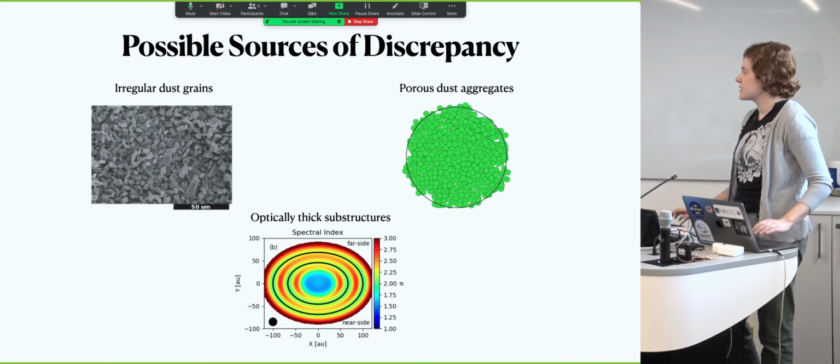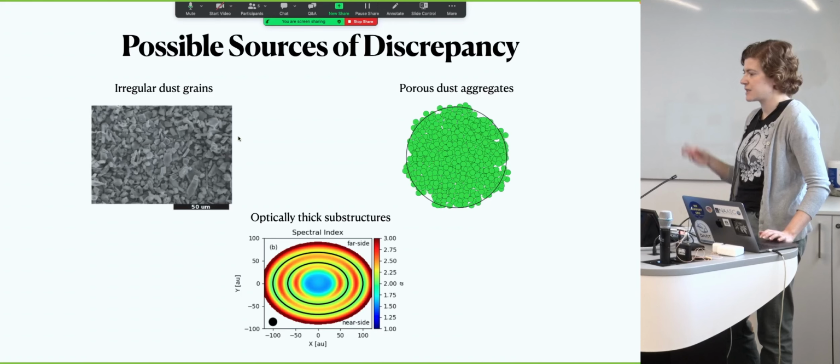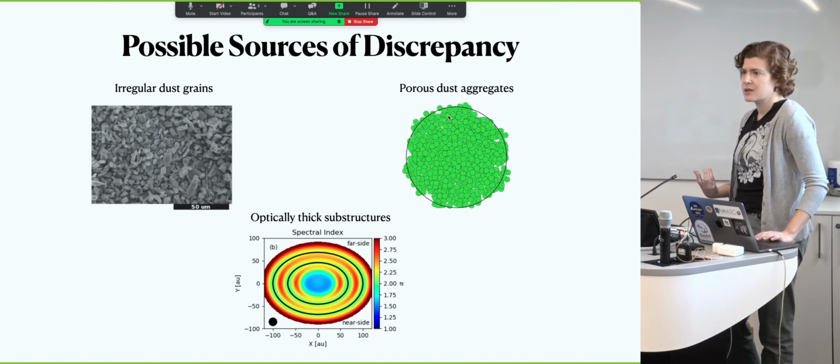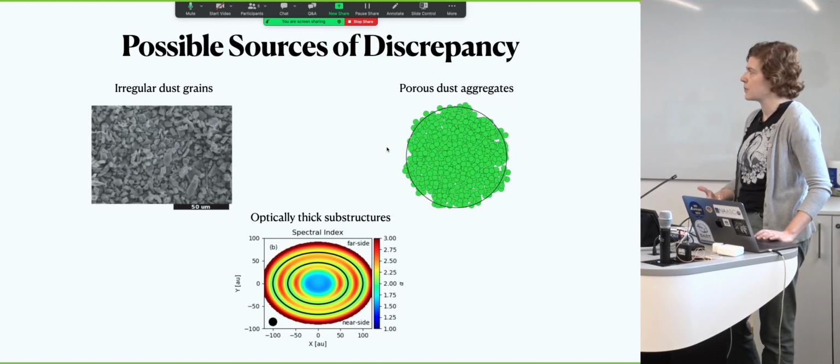So some possible reasons for that discrepancy include, maybe instead of being compact spheres, the dust is irregular, or it's a porous aggregate. Those are both going to affect how dust grains will scatter light, and they complicate the way that polarization fraction is related to maximum dust grain size.